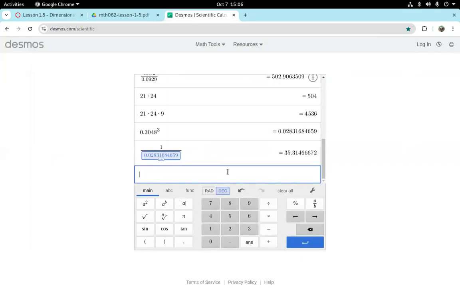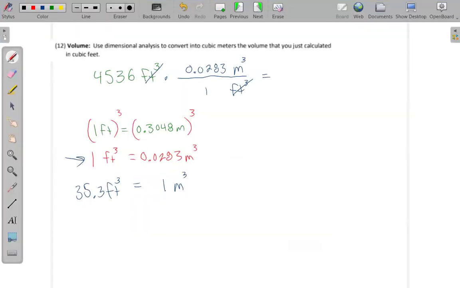So we have our 4,536 cubic feet. And I want to multiply that by my new conversion factor, which converts cubic feet to cubic meters, and that would be 0.0283, and that's going to give me about 128.4 if we went to 1 decimal place there. So 128.4.